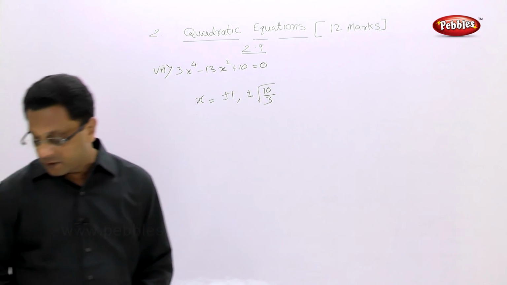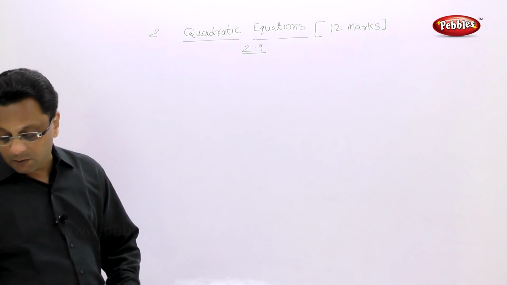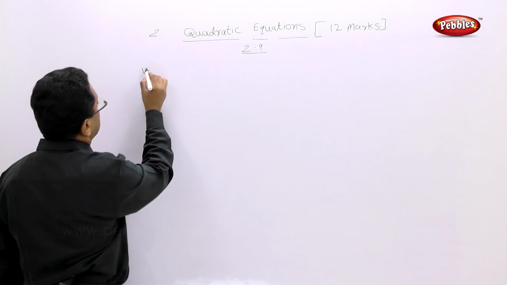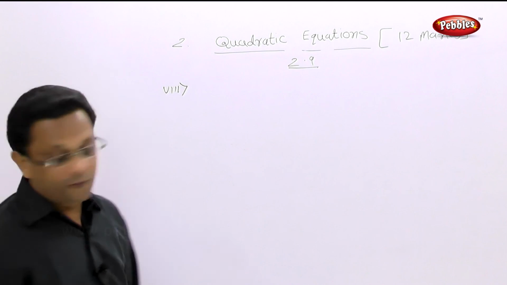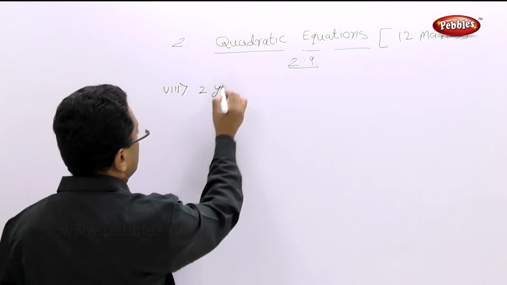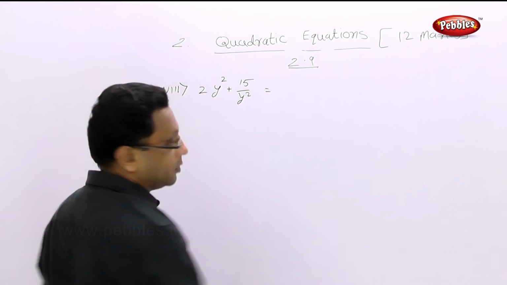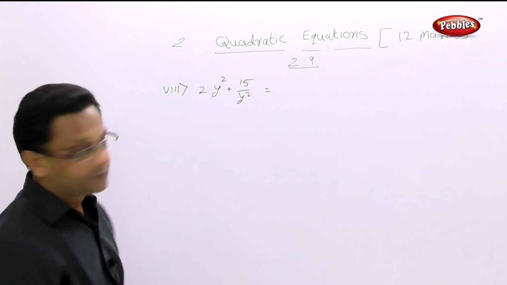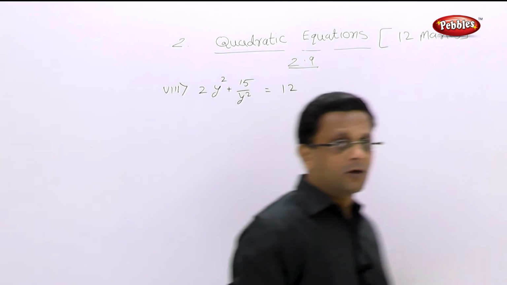Okay. Let's see the last sum of 2.9, that is 8. 2y square plus 15 upon y square is equal to 12. How you will solve this?